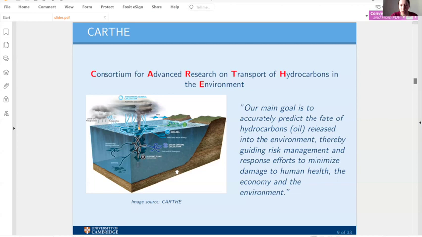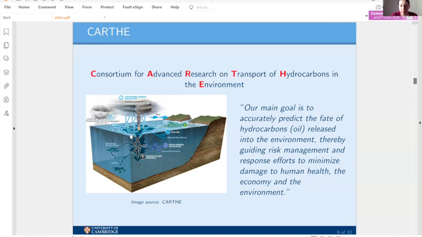Now, the main goal of this consortium is to try to understand and to predict the fate of the oil released into the environment. And that is important to know in order to minimize the risks to the environment and also to guide the response efforts. So, for example, there's a group that looks at the air and seawater interaction on the ocean surface and how this interaction affects the contaminants spreading on the water surface.